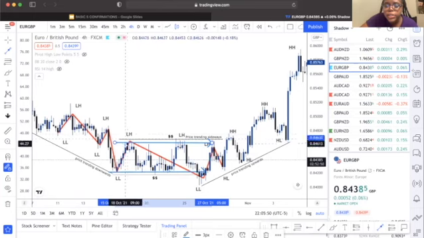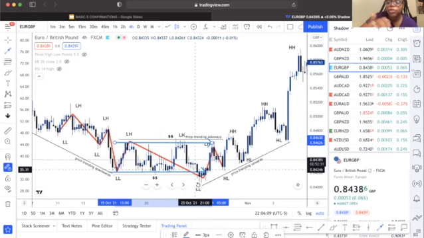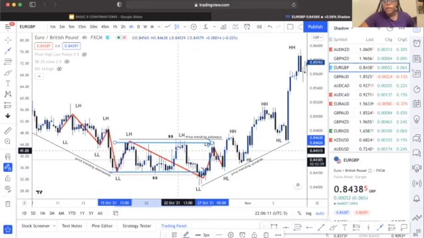Why? In this lower high and lower low area, price struggled to break above or make any significant moves in this zone. So price is still trading between this lower low and this lower high. Therefore, it's just consolidating in its previous zone.